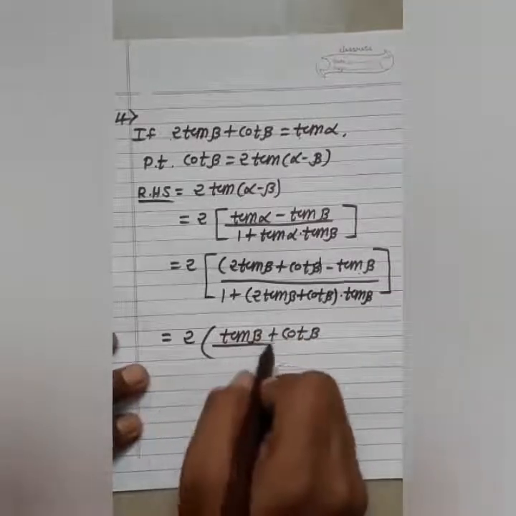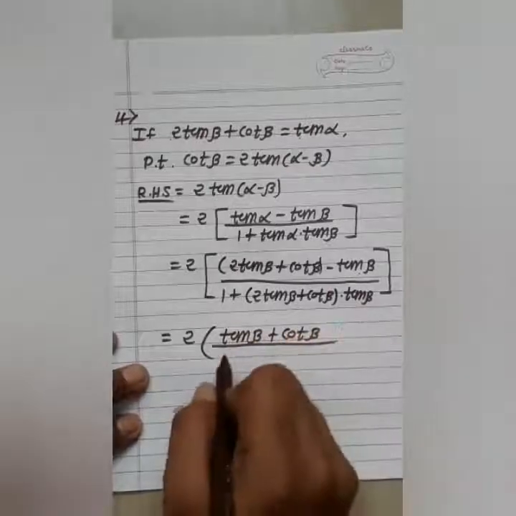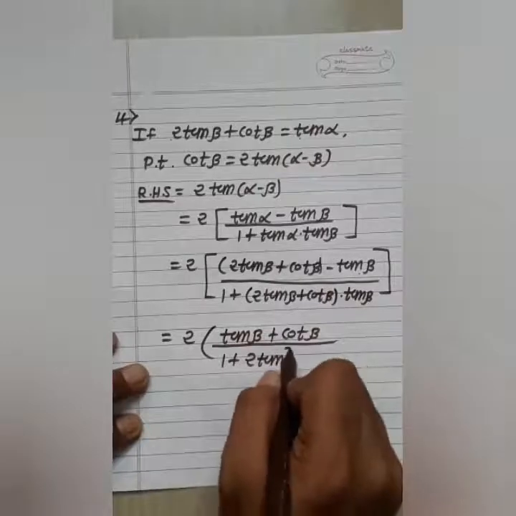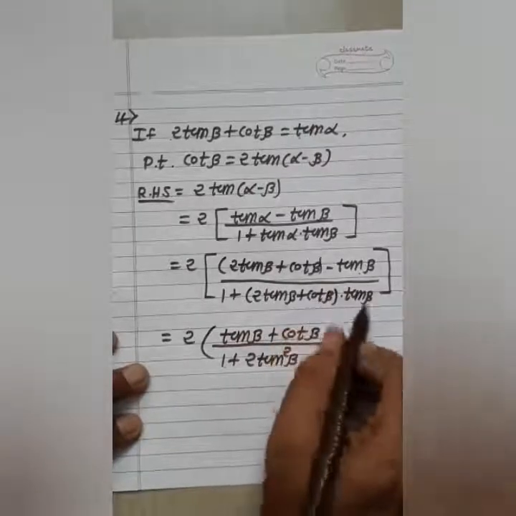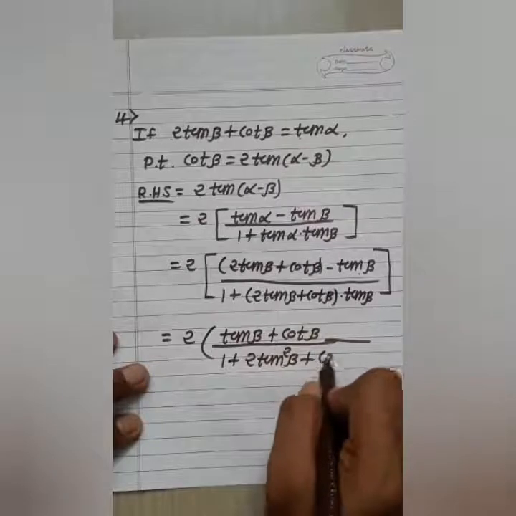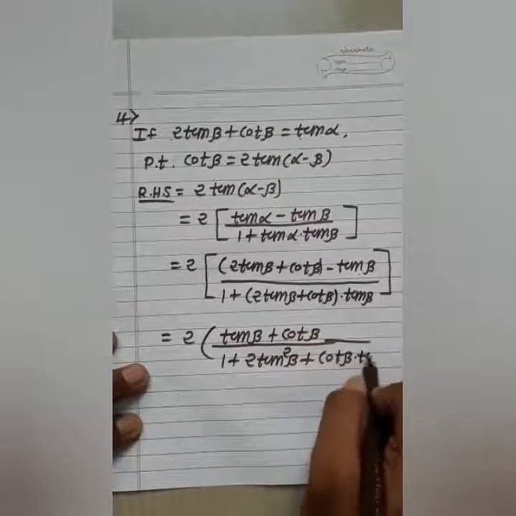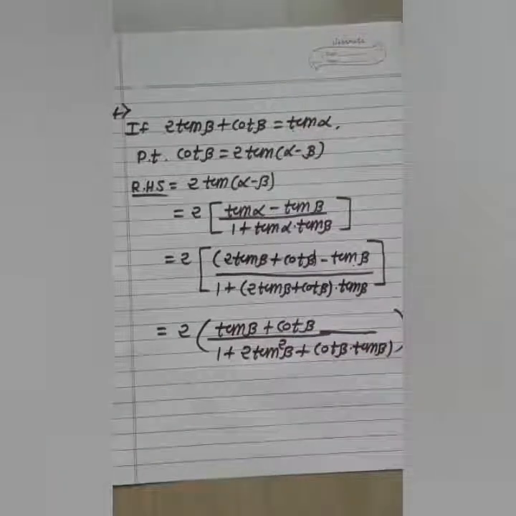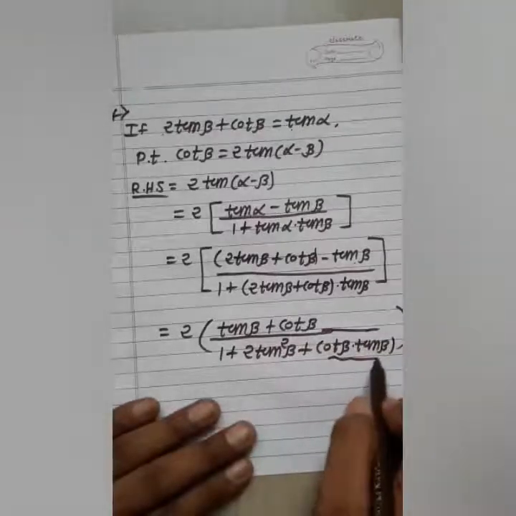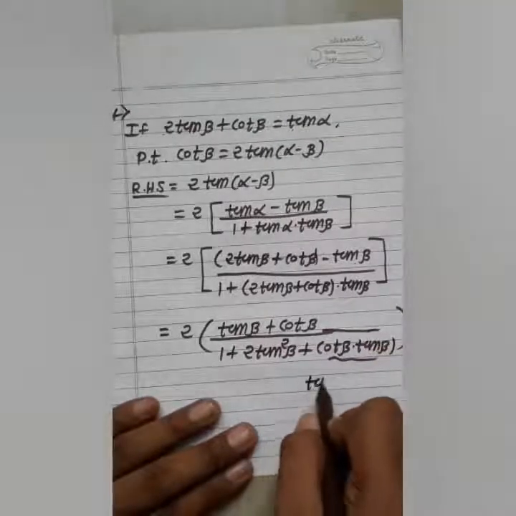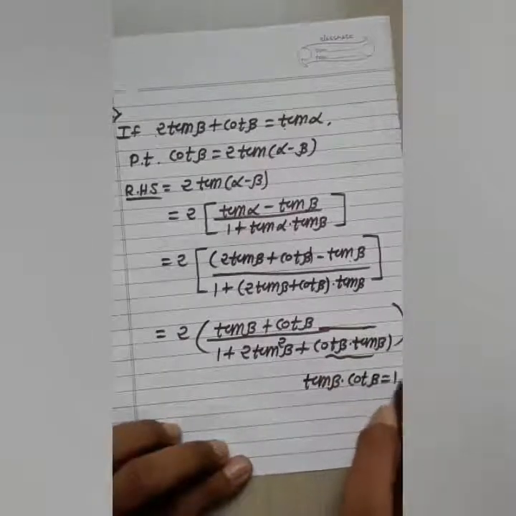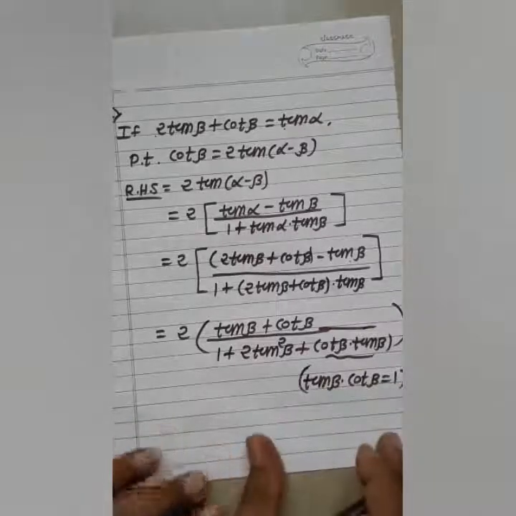In the denominator term, here 1 plus 2 tan beta into tan beta, that means 2 tan square beta, and cot beta into tan beta. But we know one result: tan beta into cot beta, that means 1. So we get this value as 1.